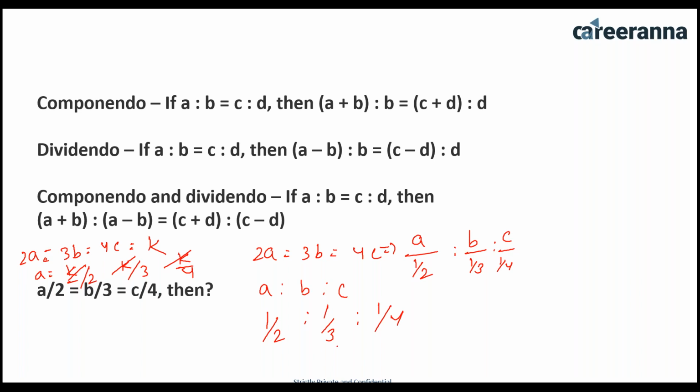How can I solve it further? You have to take the LCM, which is 12. If I multiply these numbers by 12, it will be 6 is to 4 is to 3. Is it clear to all?